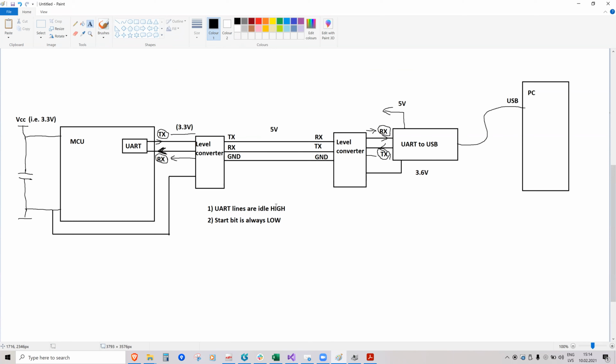Well, the reason, I can just tell you one reason, is if you disconnect the lines, both ends feel that the lines are not held high, so the other end is not connected. So because UART lines are idle high, you can detect whether the cable is connected or not.